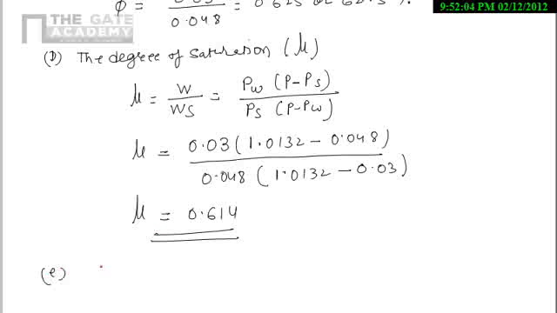Now let's take the E part. We have to calculate the density of air in the mixture, that is, the density of dry air in the mixture.